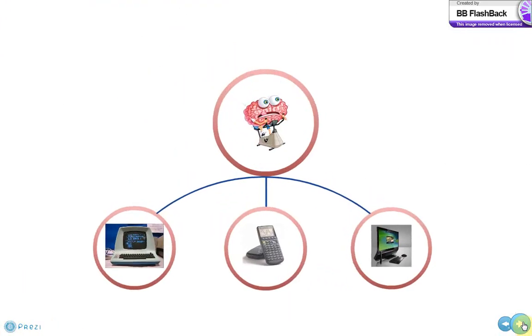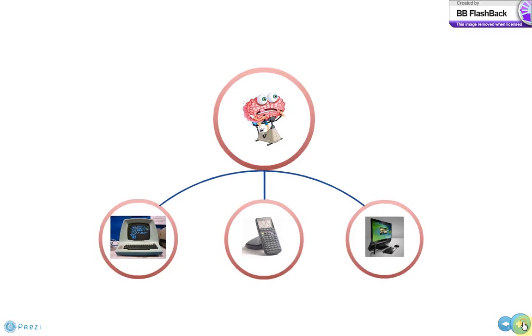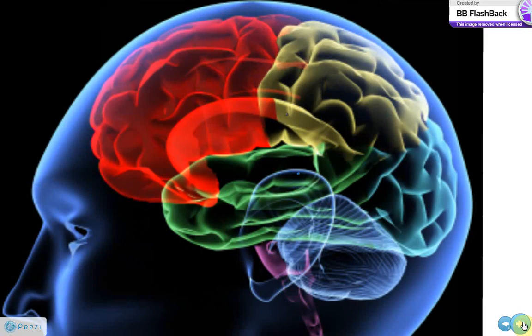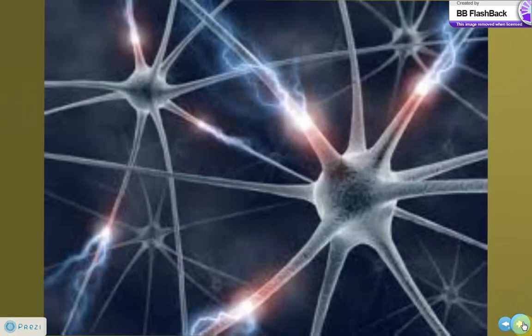We also created computers to mimic how our brains work, but soon we found out that our brains are so much more complex than computers. There are things called neurons in our brain, and there are millions of them all interconnected. And we call these connections of neurons the biological neural network.